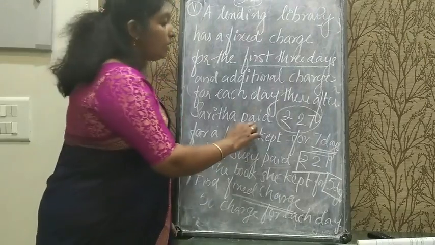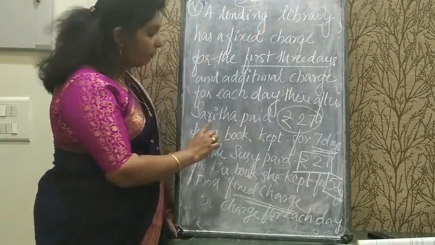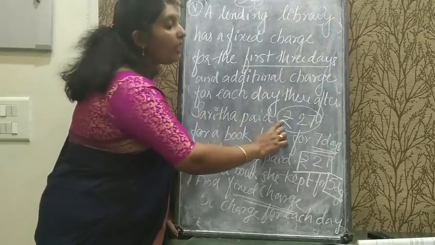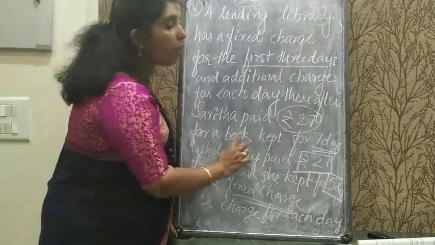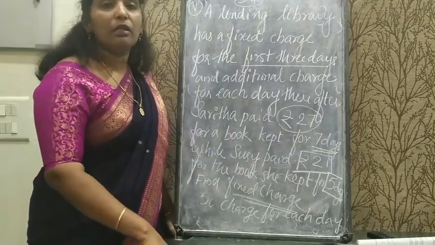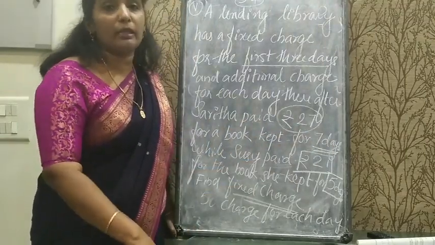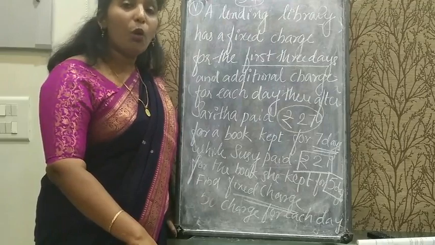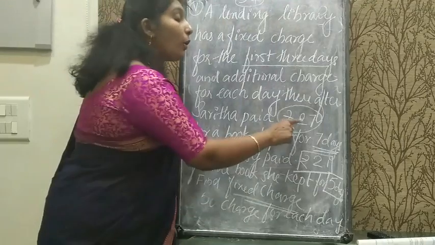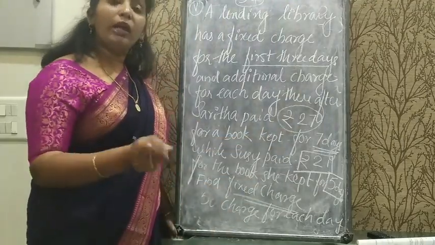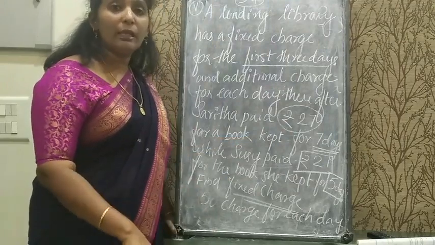Now, let's look at the two statements. Sarita paid rupees 27 for the book kept for 7 days. Sarita kept her book for 7 days, and she paid rupees 27. It means she paid the fixed amount for the first 3 days.